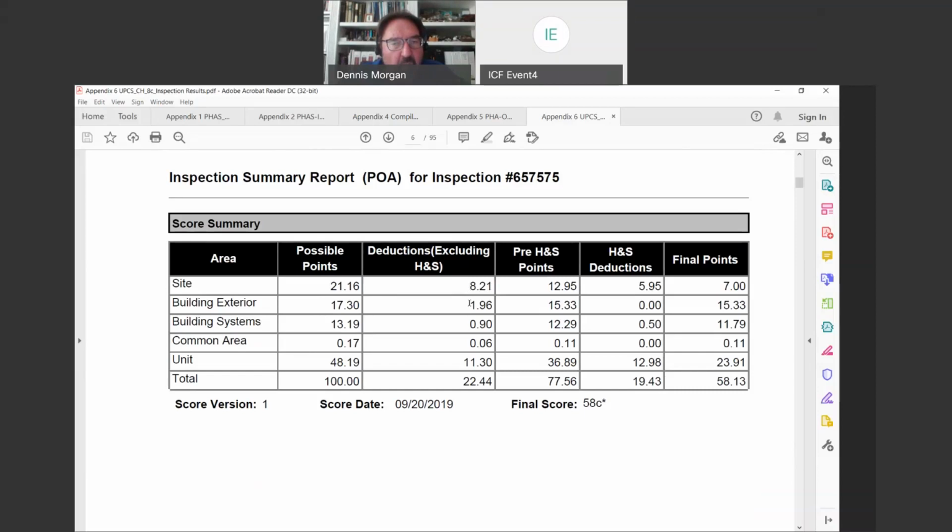Building exterior 1.96, dwelling units 11.30, which I generally would have recorded 77.56 on this site. However, because I also had health and safety on the site, I also lost an additional 5.95 points specifically related to health and safety items.